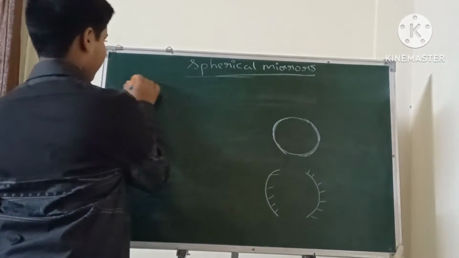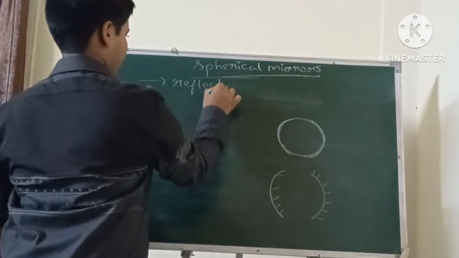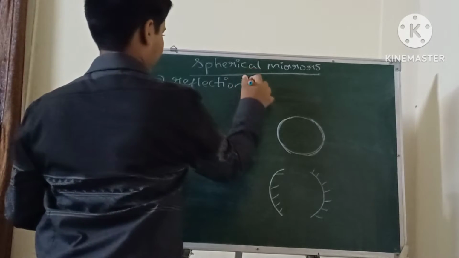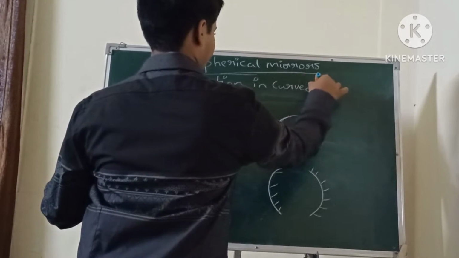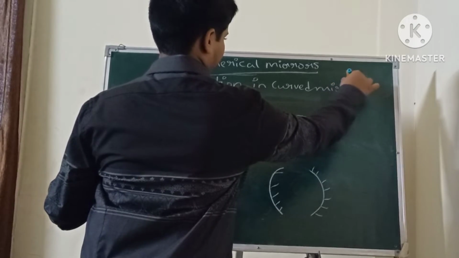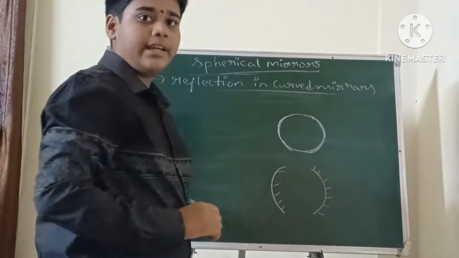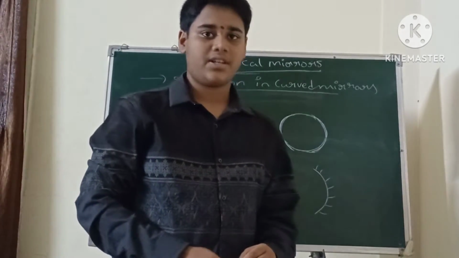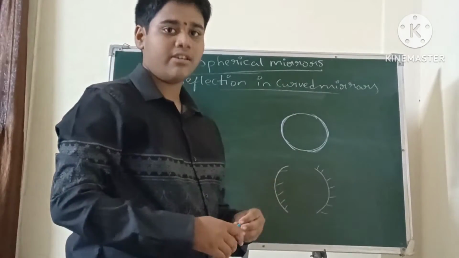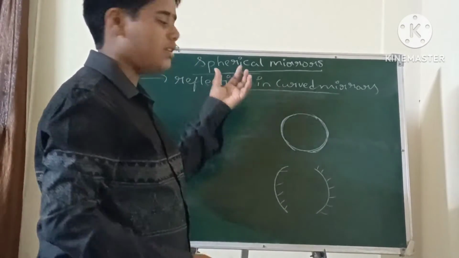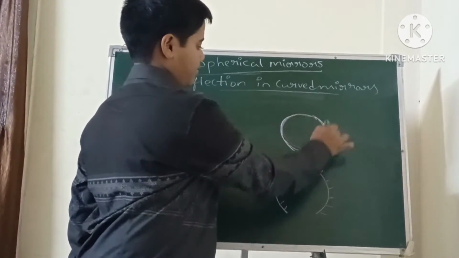Spherical mirror means reflection in curved mirrors. In the last videos, we learned reflection in plane mirrors. This is reflection in curved mirrors. Curved mirror means spherical mirror.